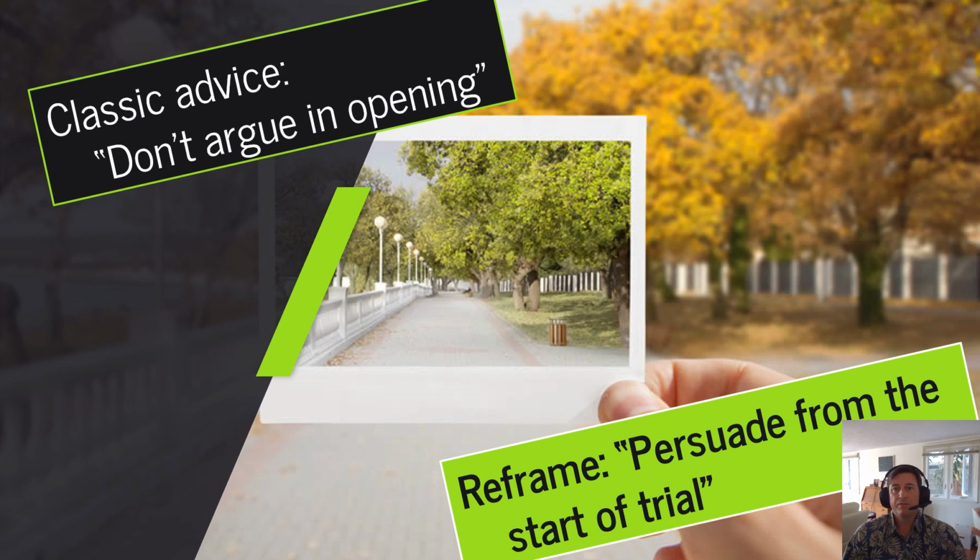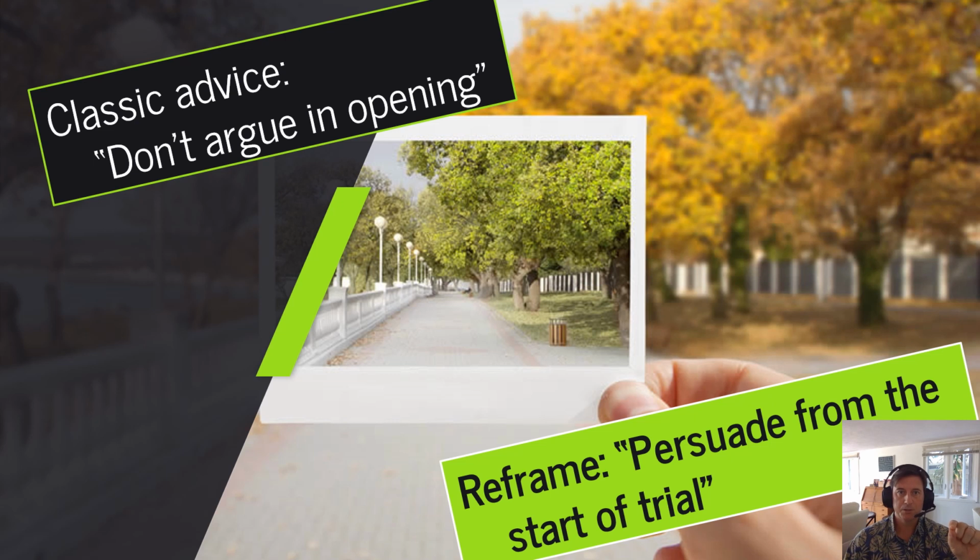So instead, the reframe for me is you're persuading from the get-go. You're persuading from the start. The moment you stand up in trial and the jury's in front of you in opening statement, you are persuading. So you might not be able to argue an opening. That's true, and we'll talk about what that means later on in the course. But what you're going to do is persuade.